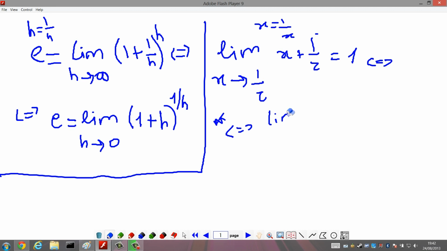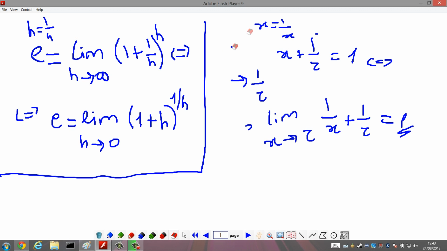So it's the same thing as saying the limit as x approaches 2 of 1 over x plus 1/2. And this equals what? If we do simple substitution again, it's 1/2 plus 1/2, which equals 1. So it works, it's simple math, but I thought I'd explain just to be thorough.